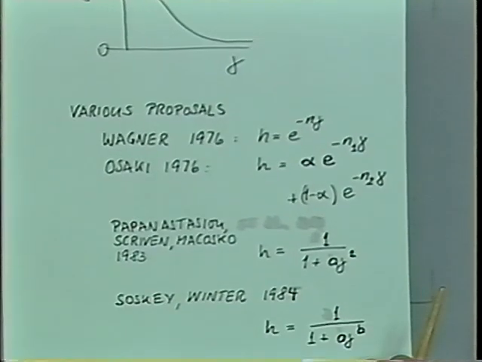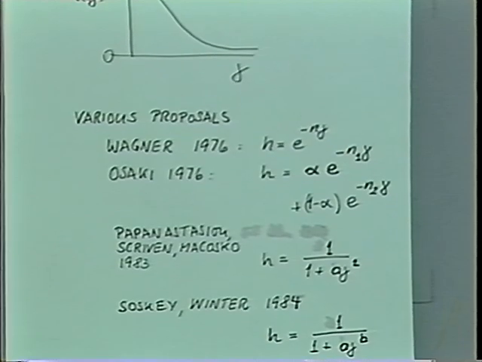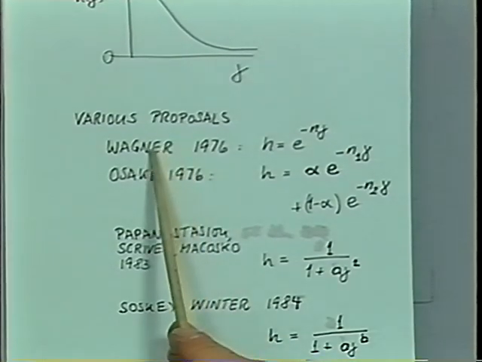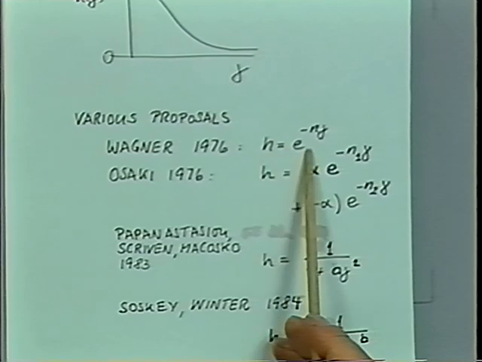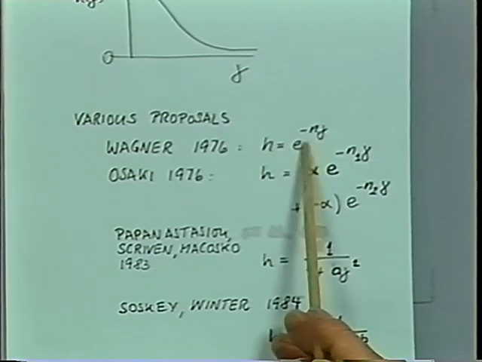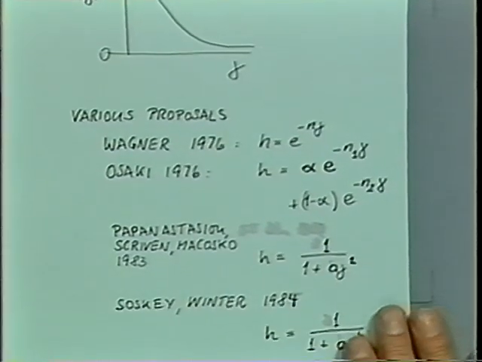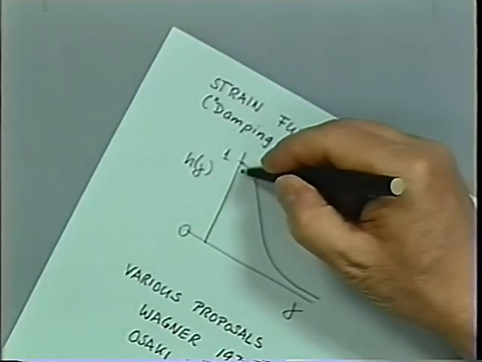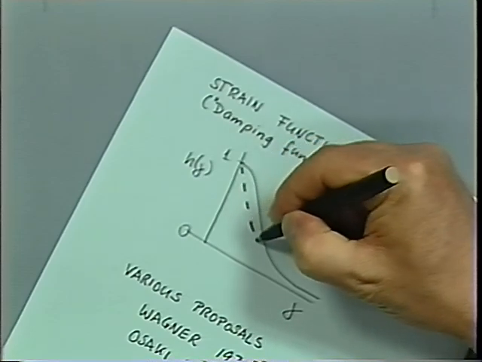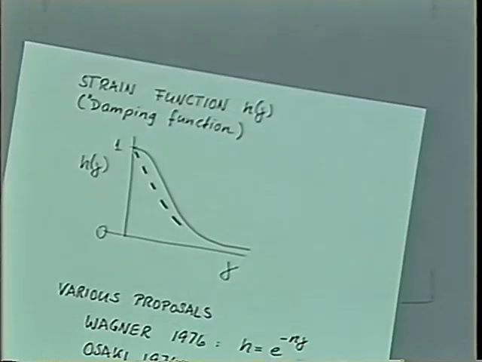There have been many proposals for this type of function. For instance, Wagner said, why not take a simple exponential decay here, just with increasing gamma, it should go down. Now, in a decay like this, the function would drop immediately and then would go down.